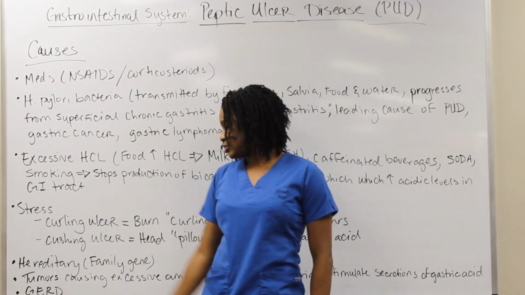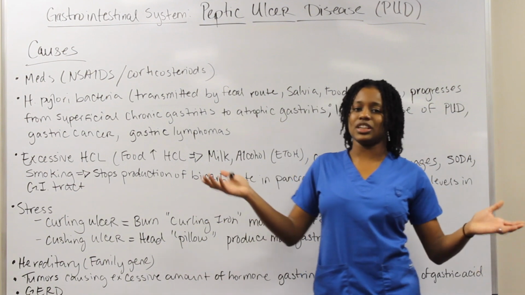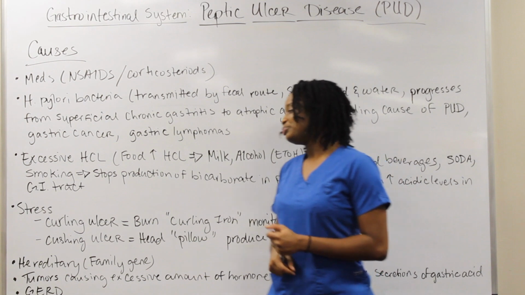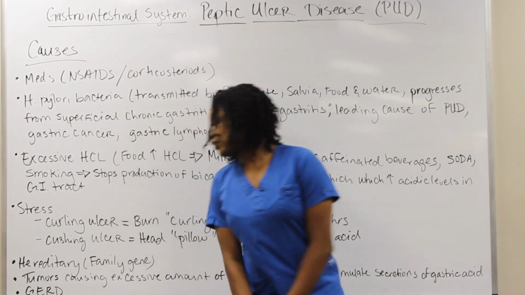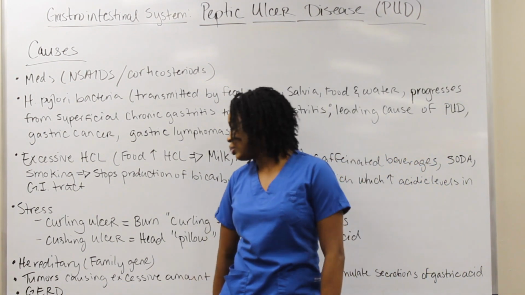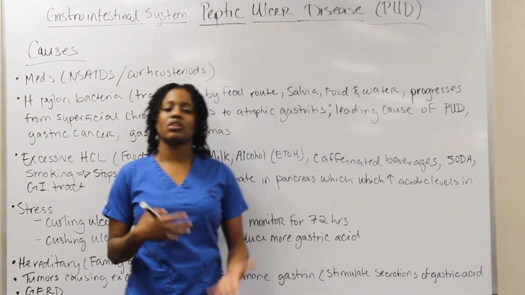And then you have hereditary, which is just family genes. There's nothing you can do to go around it. It is what it is, right? So that's your genetic factor. You also have tumors. Tumors can cause peptic ulcers as well. How? Because of the excessive amount of a hormone called gastrin.